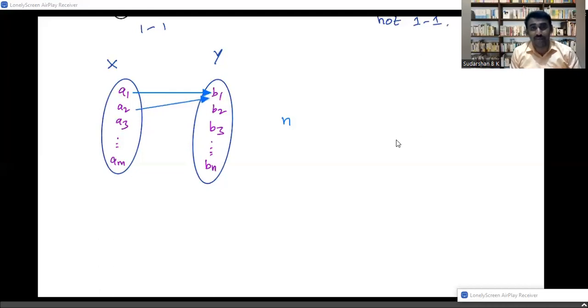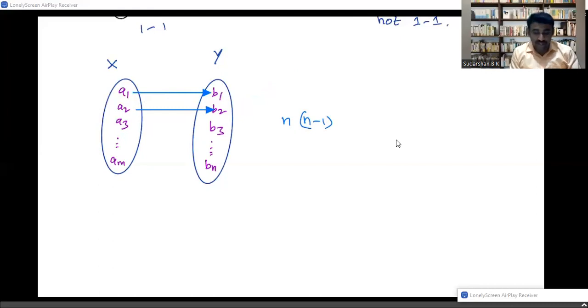So I can map to b2, b3, or up to bn. Let us say it is mapped to b2. So there are n minus 1 ways, because already one image is mapped to an element of the codomain.